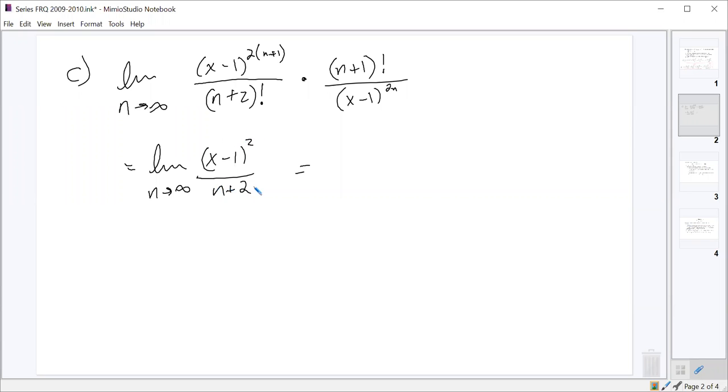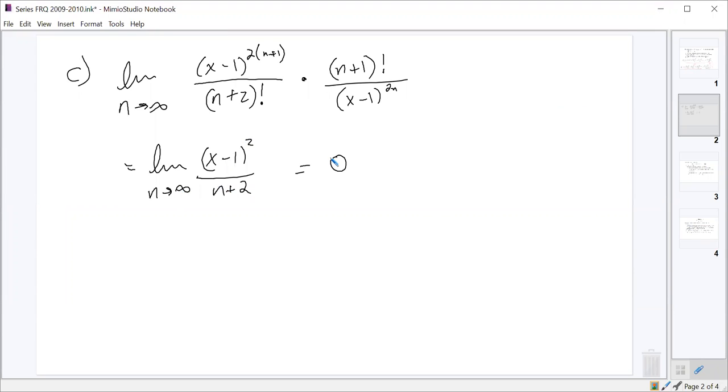So we have a constant over n plus 2 as n goes towards infinity, which should be. What should that be? Should be 0.